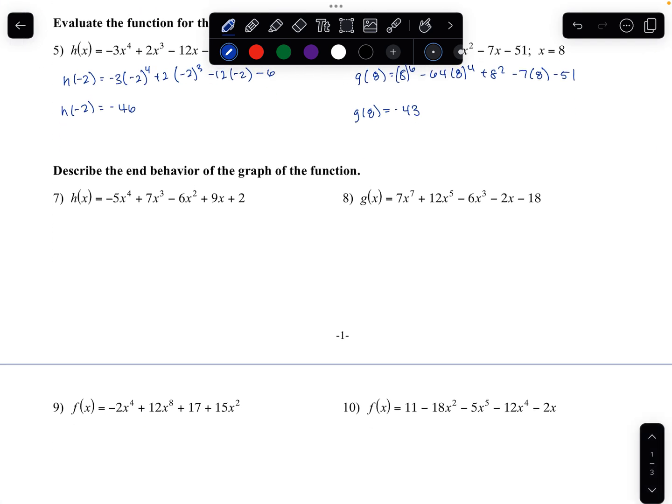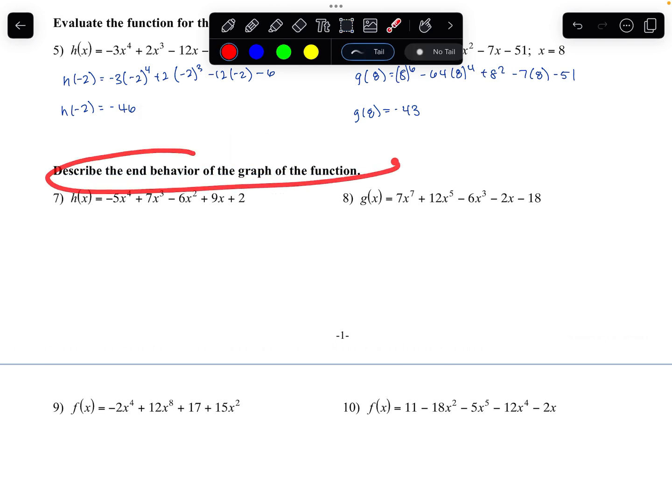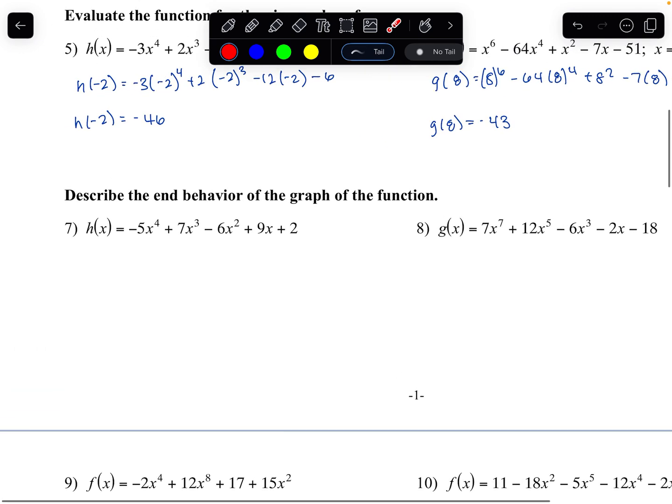For 7 and 8, describe the end behavior of the graph of the function. Okay, so we've learned in class that to figure out the end behavior relies really just upon the leading term. The leading term is going to overpower any other term here if x gets really, really large or if x gets really, really small.